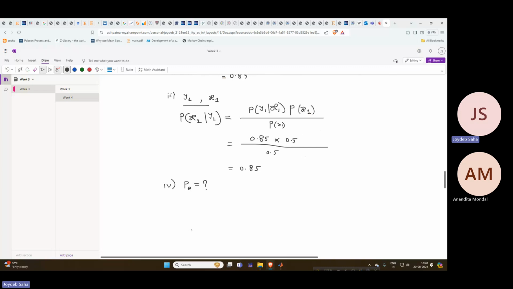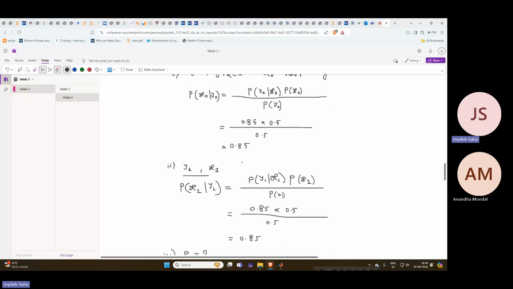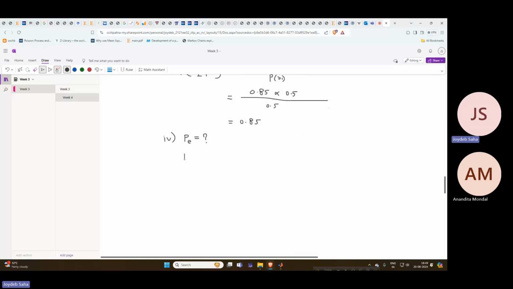So basically we have told that if input is 0, output should be 0. If input is 1, output should be 1. But there are two more events, and those two events are considered as error. So let us try to calculate probability of error. Probability of error will be probability of y1 upon x0.